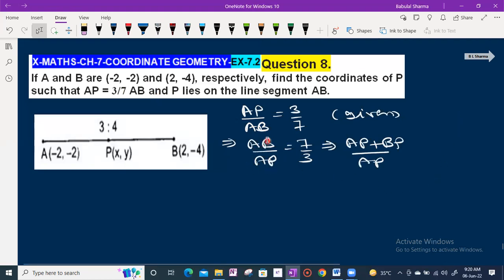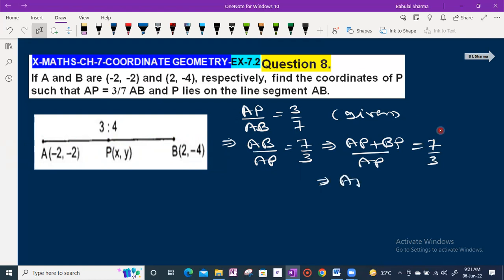So see, AB, A to B, that is AP plus BP, upon AP, that is equal to 7/3.